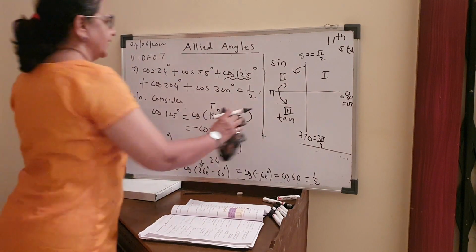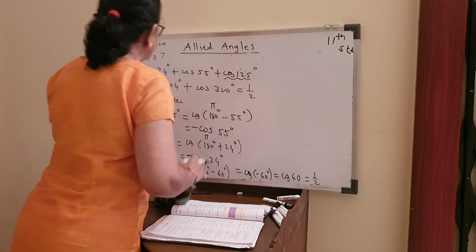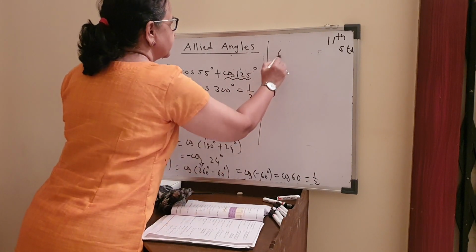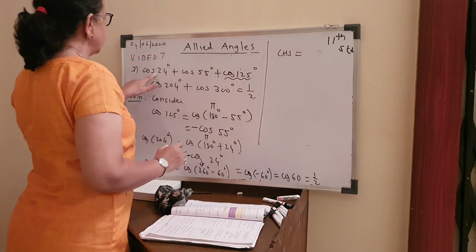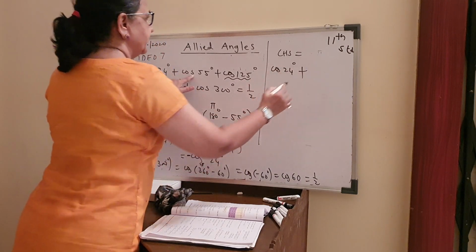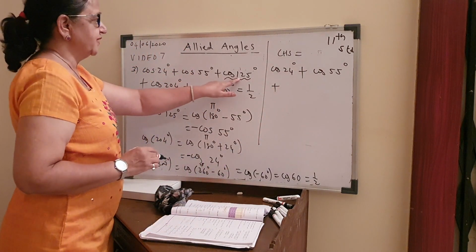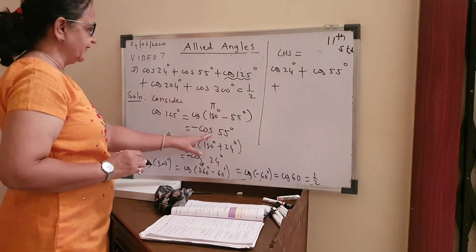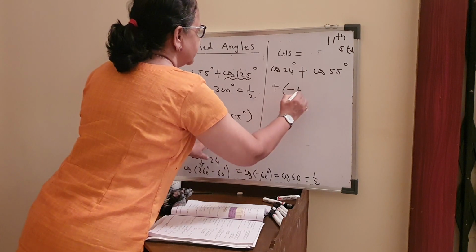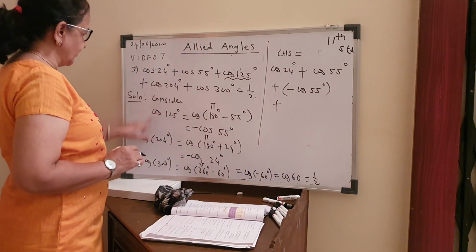So all the values. Now I am going to erase this diagram for a minute. Okay. And now let me write LHS is equal to. First term I'll copy as it is, cos 24. Second term I'll copy as it is, cos 55. Now cos 125 I calculated. Put the value: minus cos 55. Cos 204 I calculated.